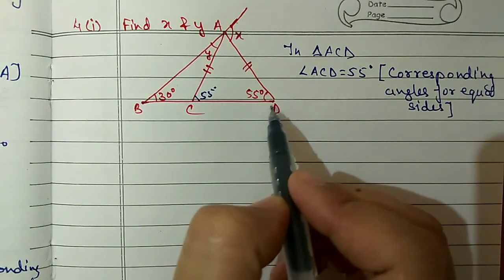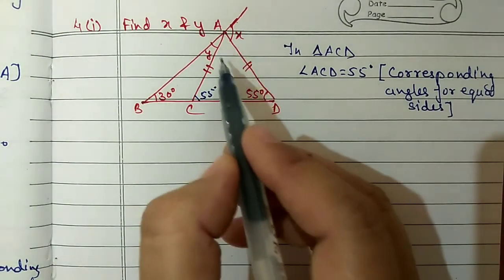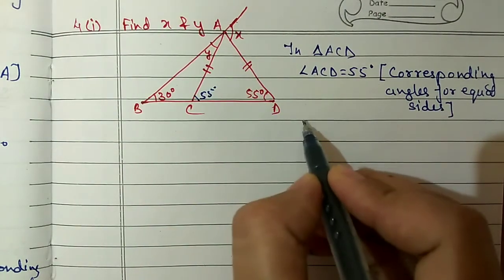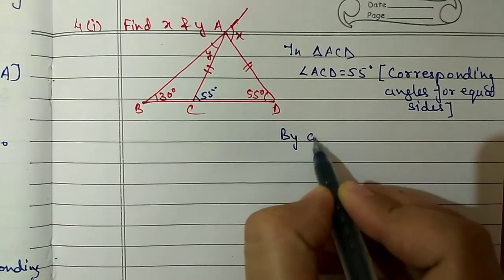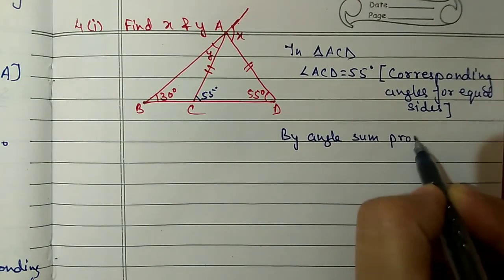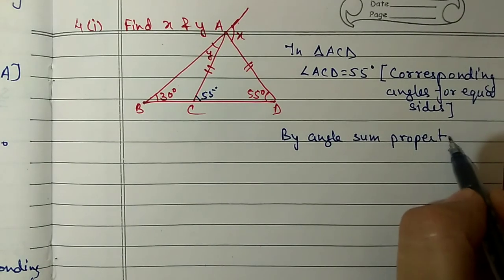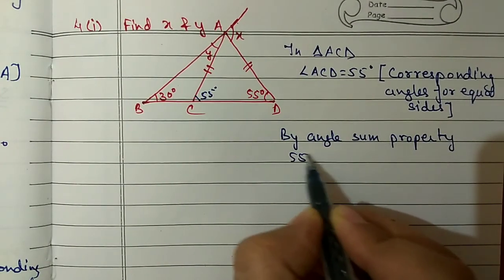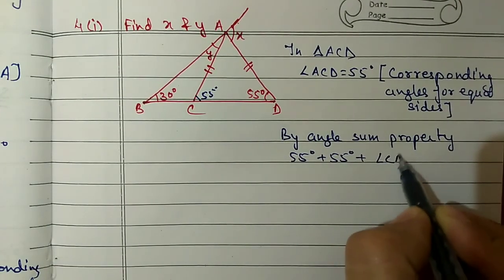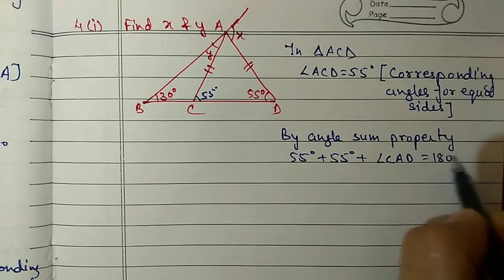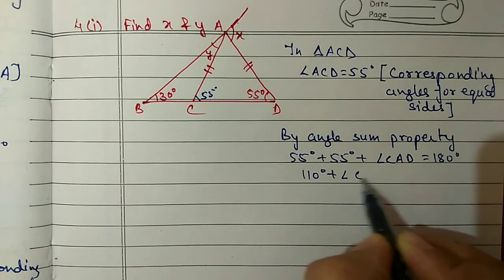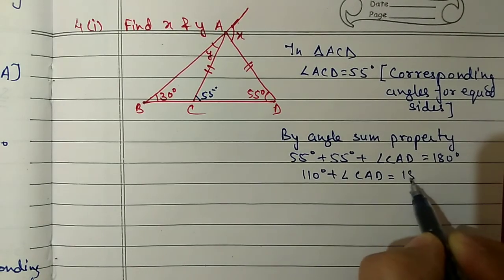Now in this triangle we can use the angle sum property, so we will get this angle. So by angle sum property, 55 degrees plus 55 degrees plus this angle CAD will be equal to 180 degrees. So 55 plus 55 is 110, plus angle CAD equals 180 degrees.